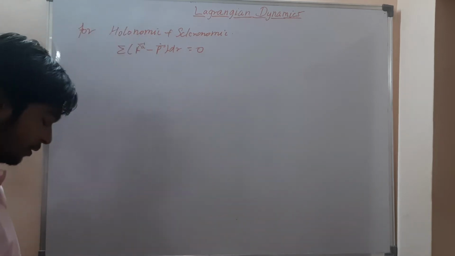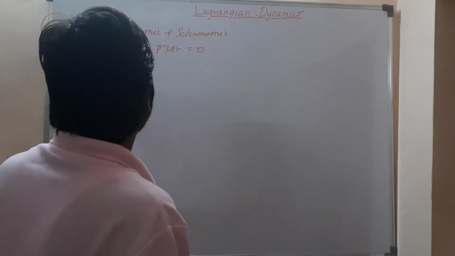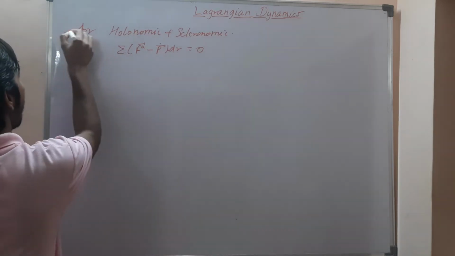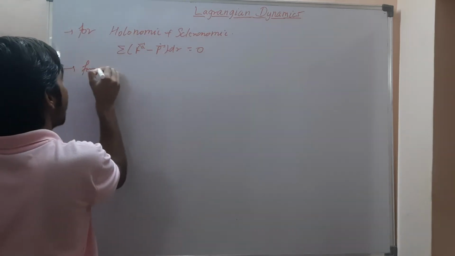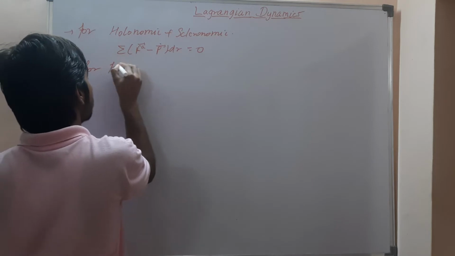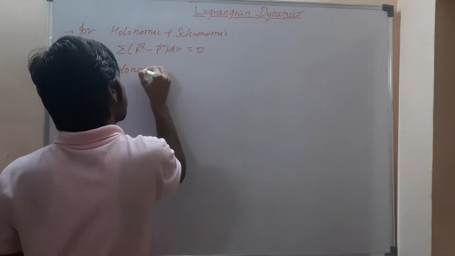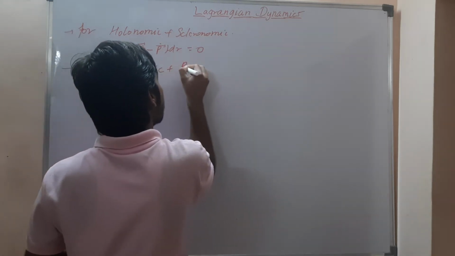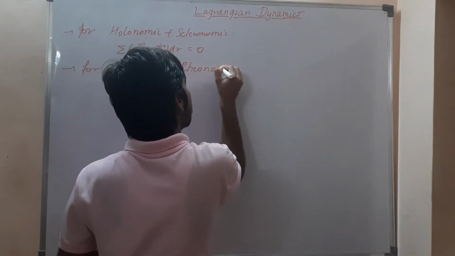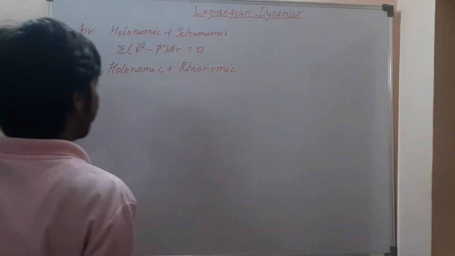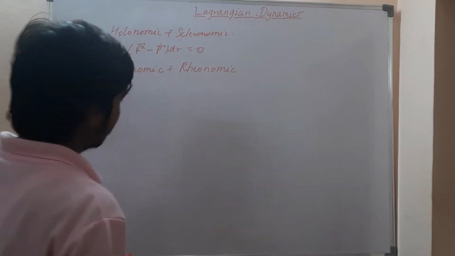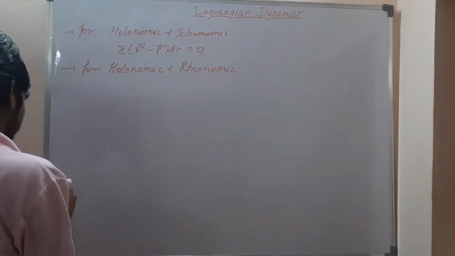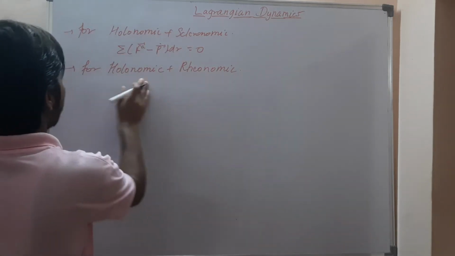But in the last class I also told you, if it is a holonomic plus rheonomic system, then we could not remove that term, the force of constraint.